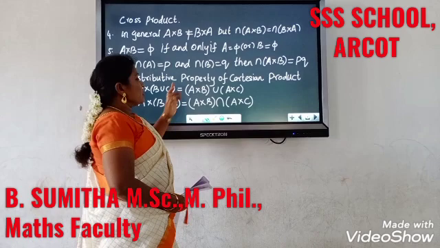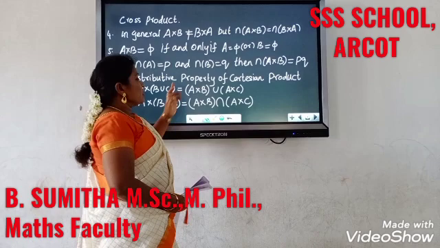The distributive property, the first condition is A cross (B union C) is equal to (A cross B) union (A cross C). First we take the left hand side, that is LHS.